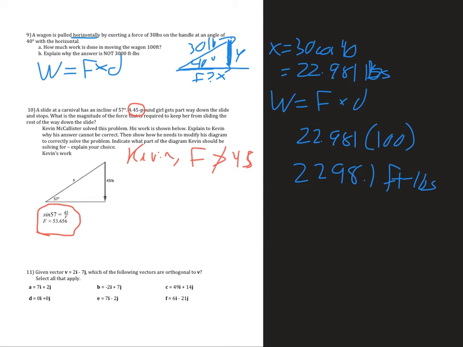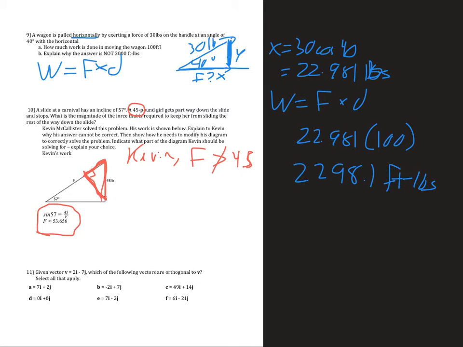And then it wants us to modify the diagram. If you remember, we did the problem in class where it was Mr. Ferreira taking Christmas lights off his roof in March. What we said is that the 45-pound force is like the hypotenuse, and then we're creating this triangle here, which is a right triangle.